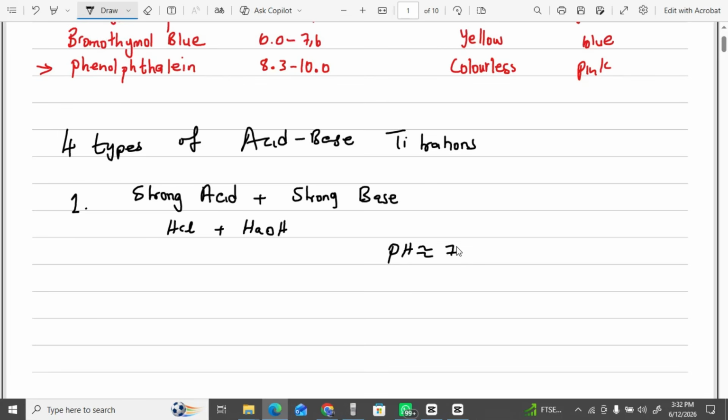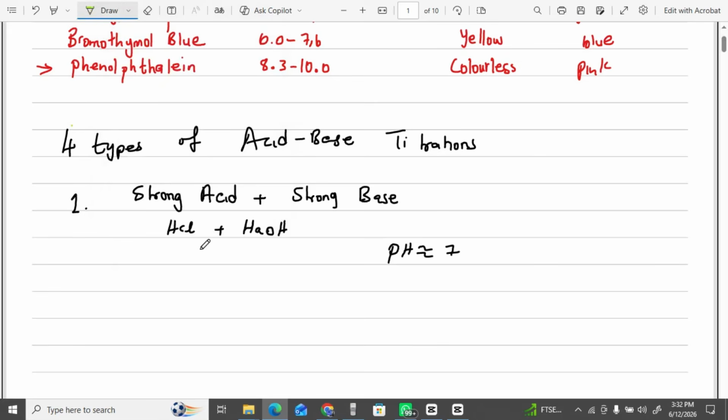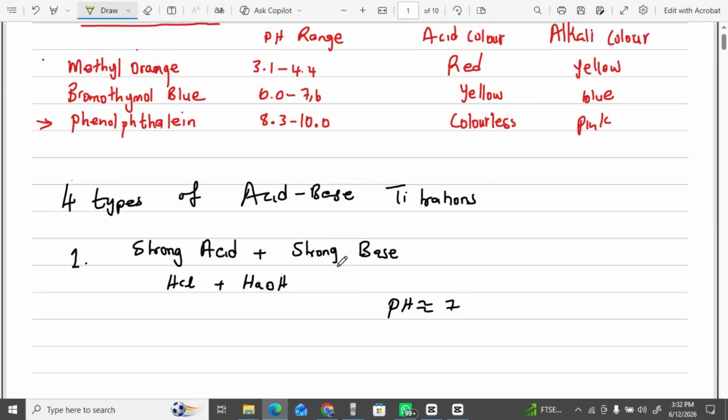And then when it's like this, the suitable indicators, I'm going to mark them on the table using green. If the pH is close to 7, you're going to use methyl orange, bromothymol blue, and the last one.